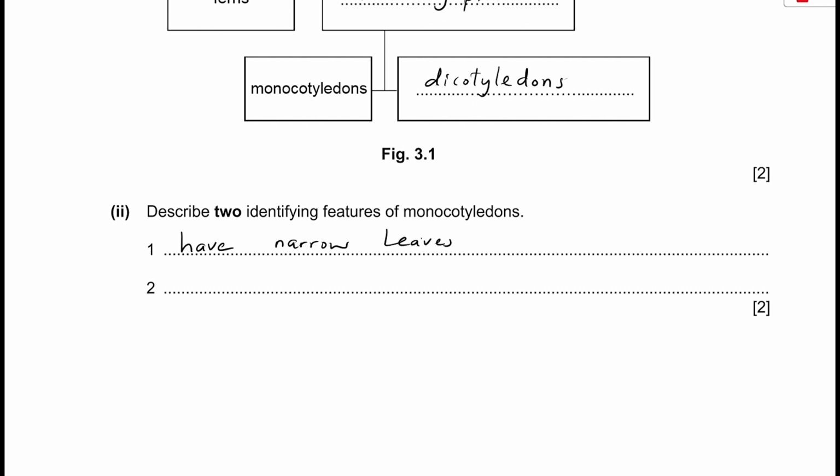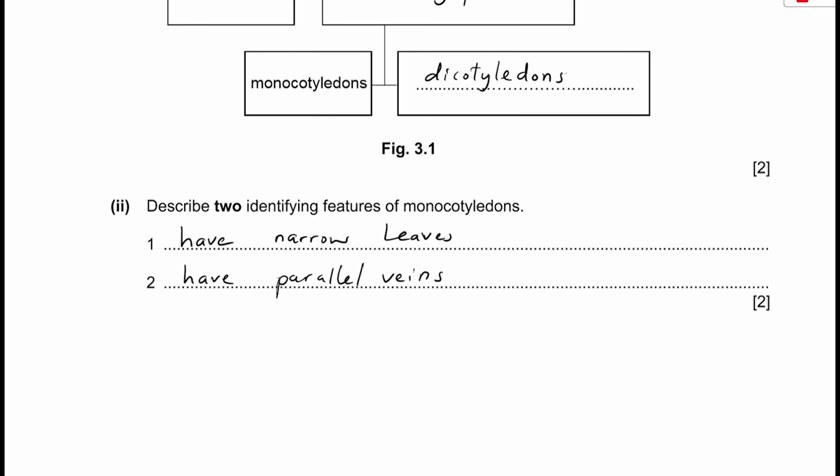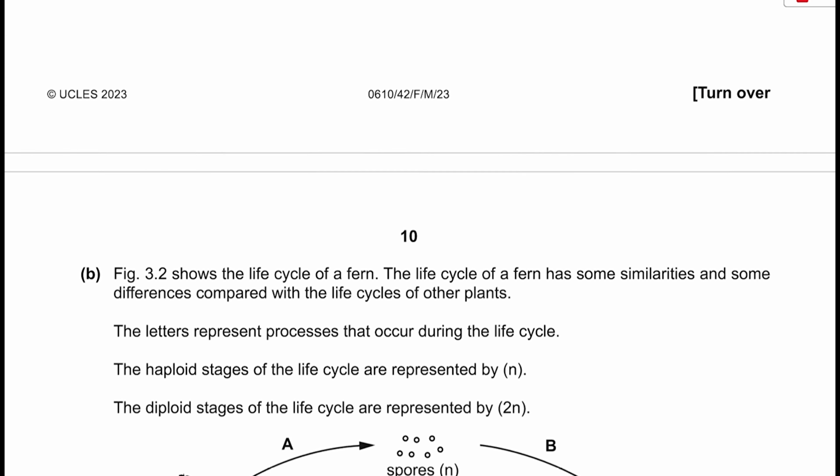But also we have vein-like structures inside the leaves. The veins for a monocot are parallel. So we say they also have parallel veins. Those are some features of monocotyledons.